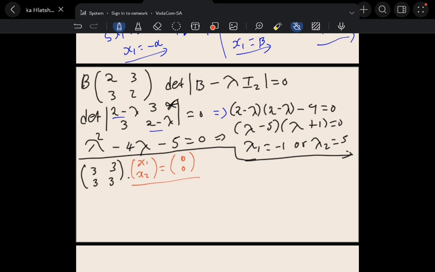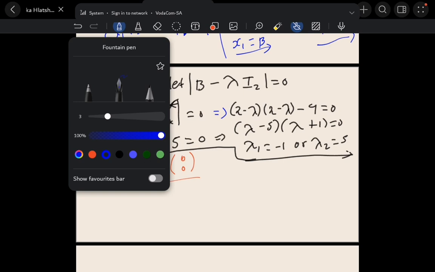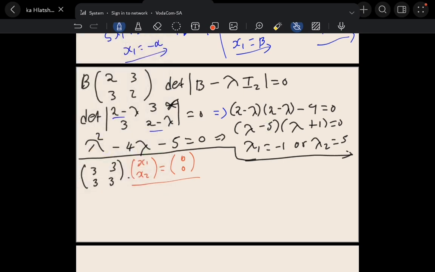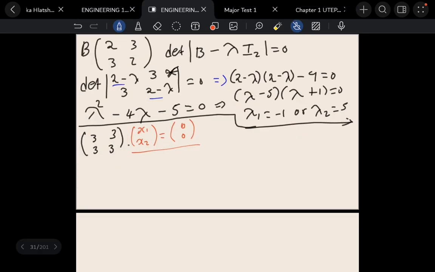Right, you know now that these two equations are actually the same, and the first row creates the second row. We have row 1 here, we have row 2 here in that matrix. So row 2 is a free row, it's going to create a free variable. So I'm going to say that x2 is equal to alpha, and then it's going to be 3x1 plus 3 alpha is equal to 0.